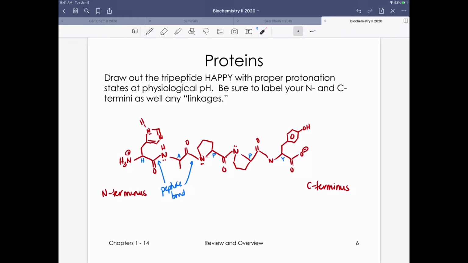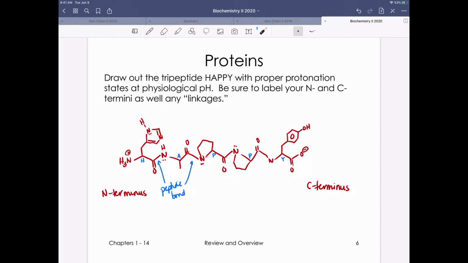Now I highlighted when we did this that at this point in the course you do not need to know the exact structures, but again, given a list of the structures, knowing, oh yeah, this is histidine, I'm going to throw that guy in there. Knowing that proline, for example, is one of those unique amino acids where the backbone kind of ties back into the side chain. And so being able to draw a peptide is important.